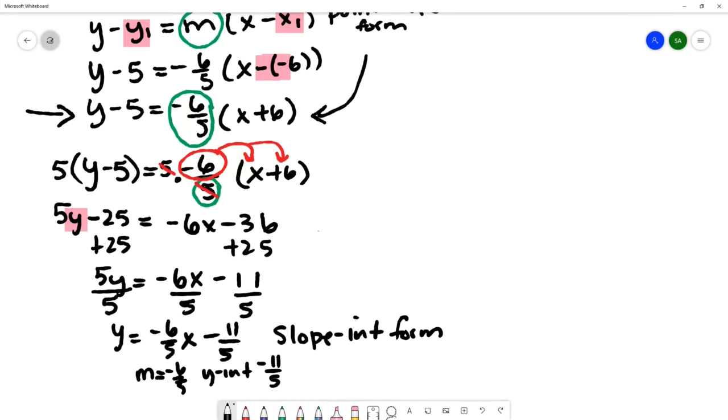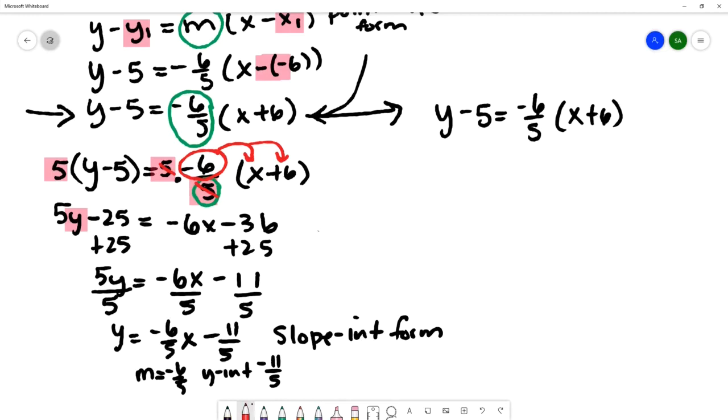Now, if you are comfortable with fractions and you don't feel the need to get rid of them like we did here, I can show you how to get that slope-intercept form. Let's rewrite this. We have y minus 5 equals negative 6/5 times x plus 6.